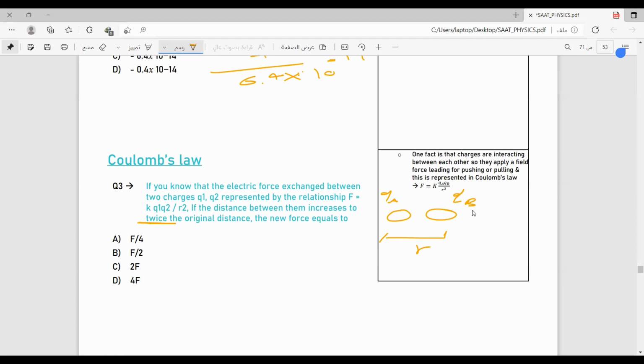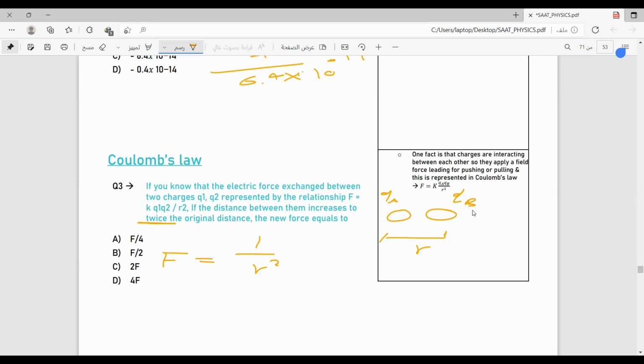So F equals, for example, 1 over R squared. The others we will ignore because they are not changed according to the question, only R.